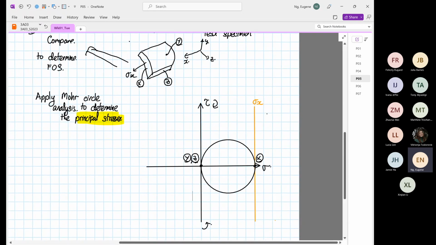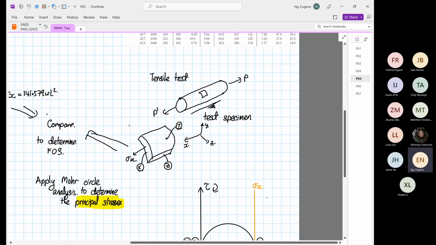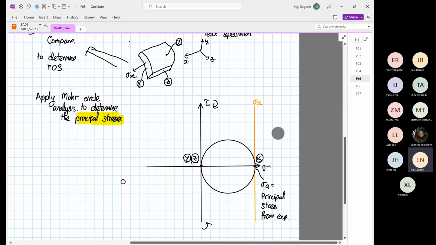So at point X over here, I'm going to call this stress A. Stress A is our principal stress from experiment, tensile test. So the principal stress, the shear stress is also equal to zero.